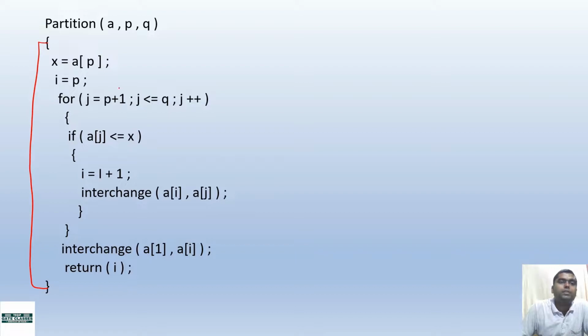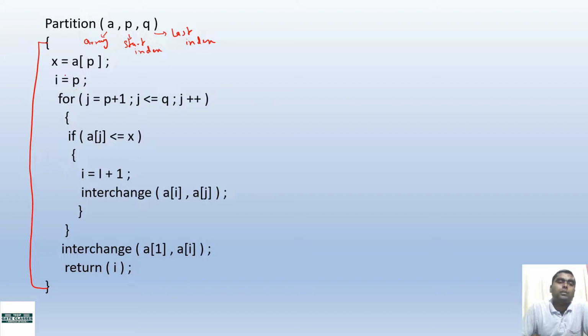Here A is the array, the given array, and P is the start index and Q is the last index of the array. I will show you with the help of an example how this algorithm goes.